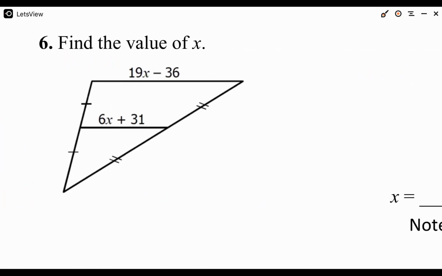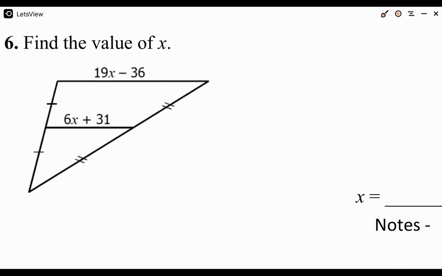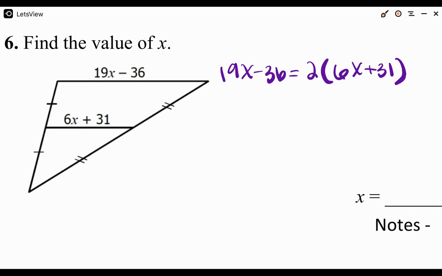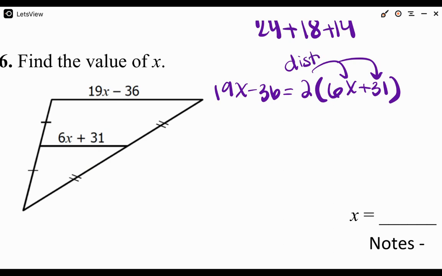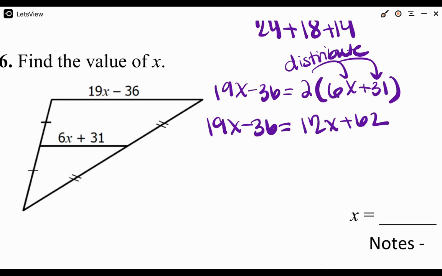Okay, number 6. Same thing going on here. We have 19x minus 36 is going to be equal to 2 times our midsegment. Make sure you distribute to both terms. So we have 19x minus 36 equal to 12x plus 62.